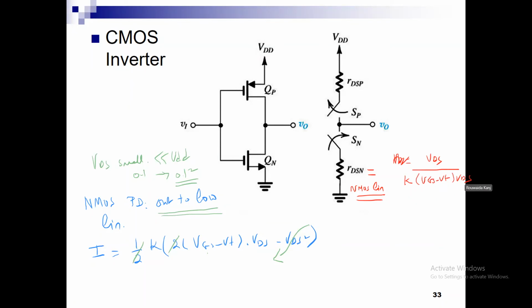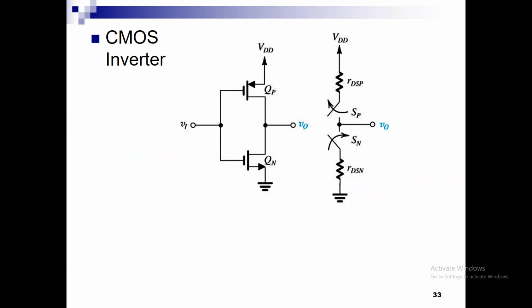So I can tell them that the resistor is approximately 1 over K times (VGS minus VT), and VGS for the NMOS, and we will talk about it in detail later, is Vn. Therefore, according to this, you will see on this slide that the resistance for this pull-down switch can be approximated by 1 over K times (VDD minus VT).